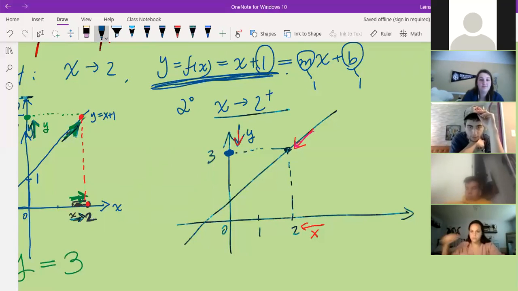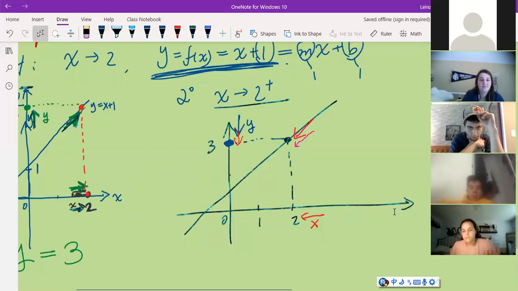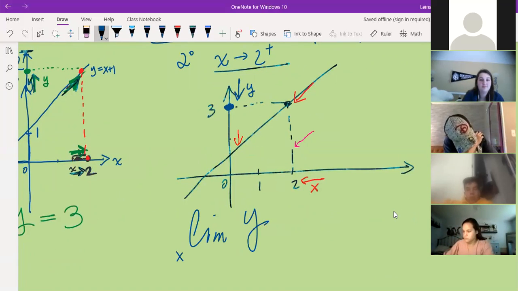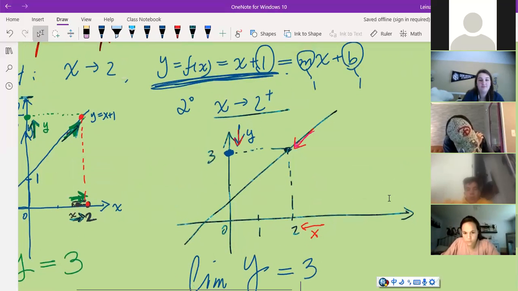So the y is still getting close to 3. So the limit of this y as x approaches 2 from the right equals 3. This is the argument if we see the actual graph, okay? So with the graph given, you can always figure out the limit of the function when x is heading to a specific direction.